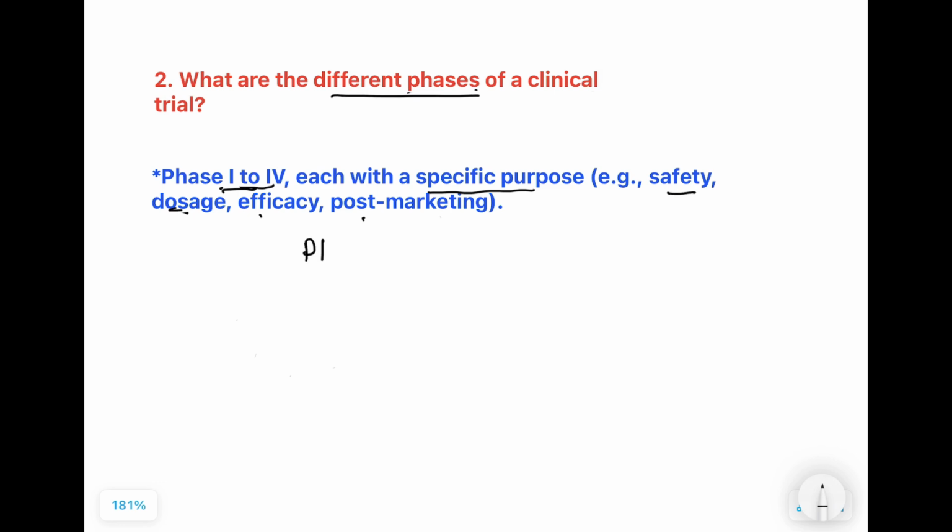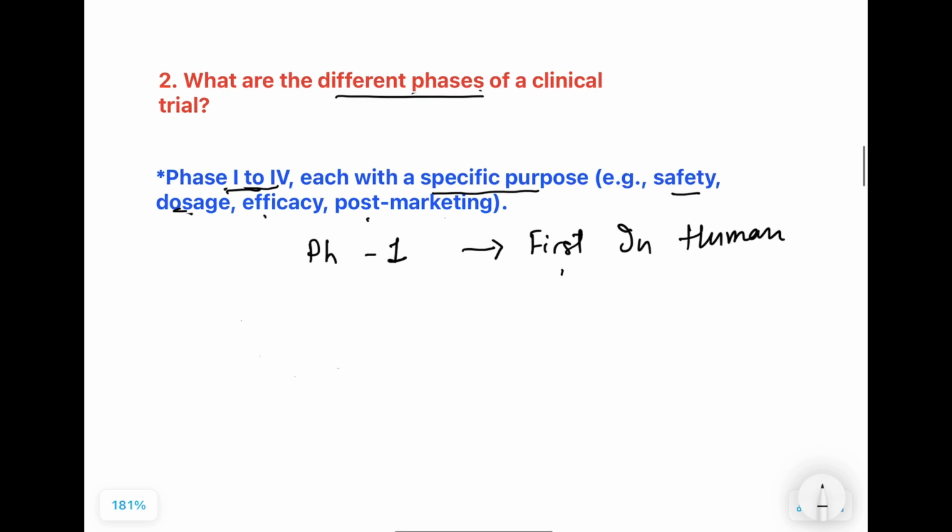Now I will give you one important tip. For phase 1, use the most important terminology: first in human. The moment you say this, the interviewer will know that you know about the phases. First in human, and we are trying to test the safety.